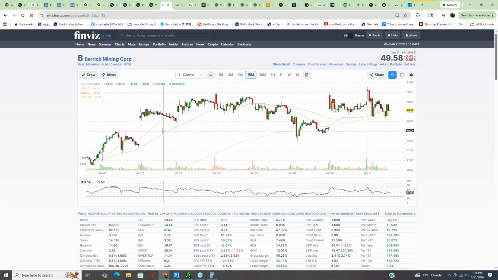And yeah, look at that. That's a pretty reliable channel, right? We had a dip below on this day, but it recovered. And 49.25 to 50.25, right? That's my basic range that I want to look at.